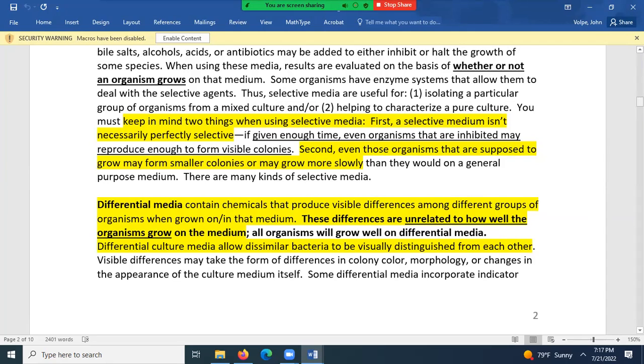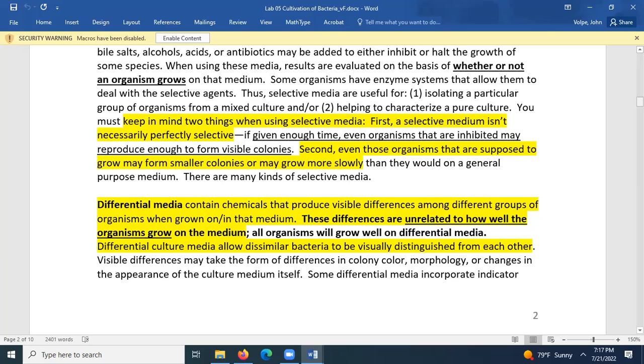No? Let's move on to the next media then, and that is a differential media. A differential media is a media that contains chemicals that produce visible differences between two different species. These differences may just be in the coloration on the plate, but they could be other differences that you can use to distinguish two different species, the way they look.